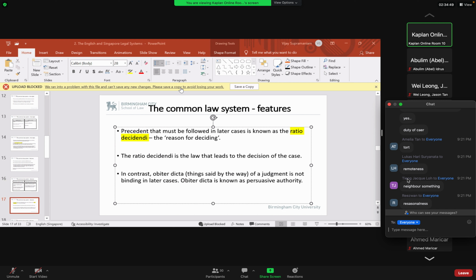Do you know the neighborhood test became the test for duty of care for so many years in the UK? Even till now, the essence of the neighborhood test is still applied in the UK and Singapore. The foreseeability and the proximity element is applied, right? That is the ratio of Donahue and Stevenson.